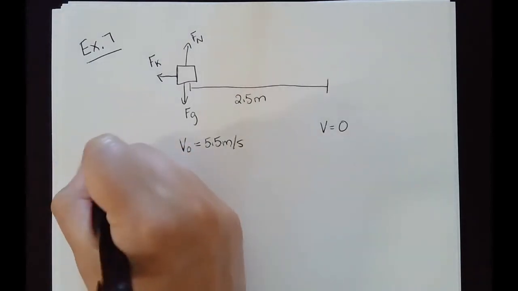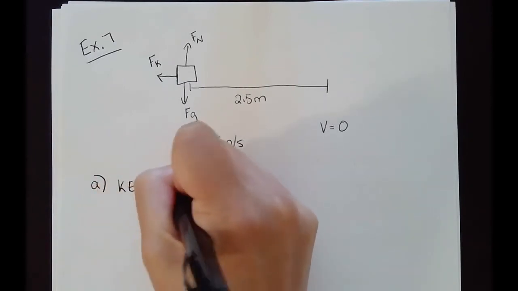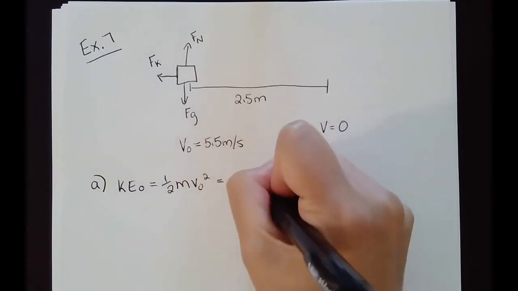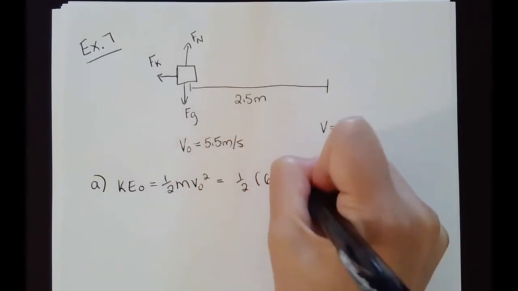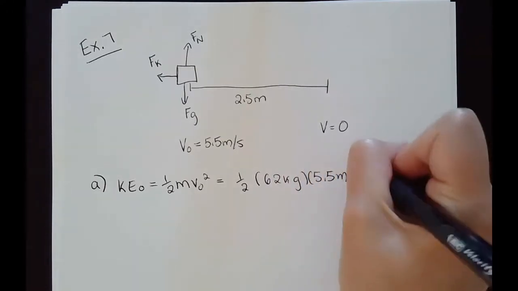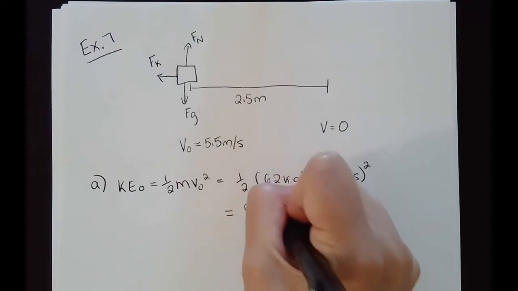All right, so A asks for the initial kinetic energy, KE naught, 1/2 m v naught squared. So 1/2 times 62 kilograms times 5.5 meters per second squared, which is 938 joules.